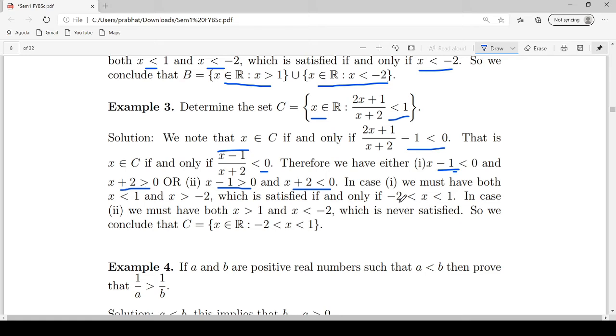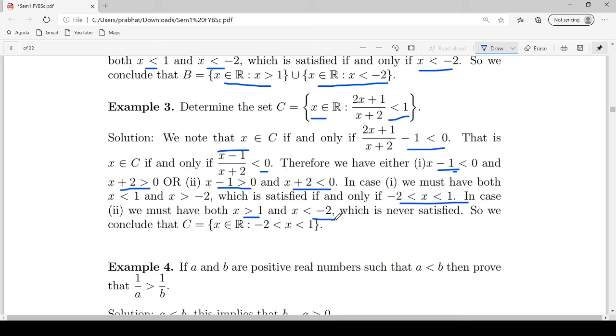So in the first case, x is greater than minus 2 and less than 1. Now in the second case, you have x minus 1 greater than 0, that is x greater than 1, and x plus 2 less than 0, that is x less than minus 2. Now there does not exist any real number which is greater than 1 but less than minus 2. Therefore, this set is empty.